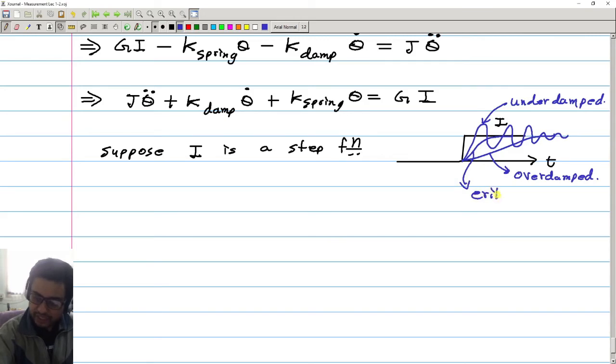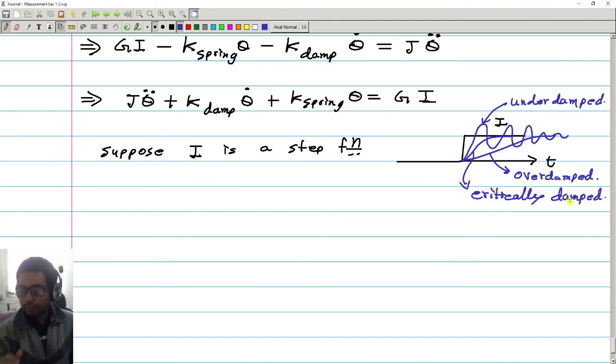That is the situation when the pointer reaches its final value in the quickest possible time but without oscillating. You are all expected to know how to solve such a differential equation, although since you are from different backgrounds, you might have studied it in different ways. That is up to you. You may use Laplace transform, you may do it directly in the time domain, no problem.